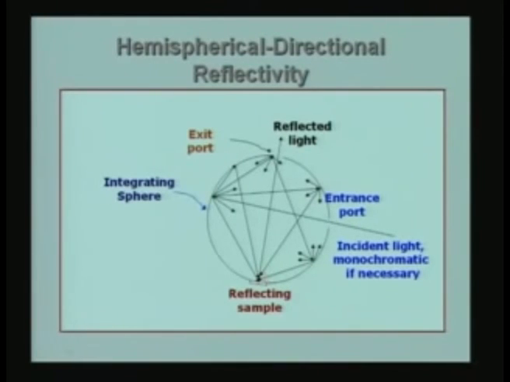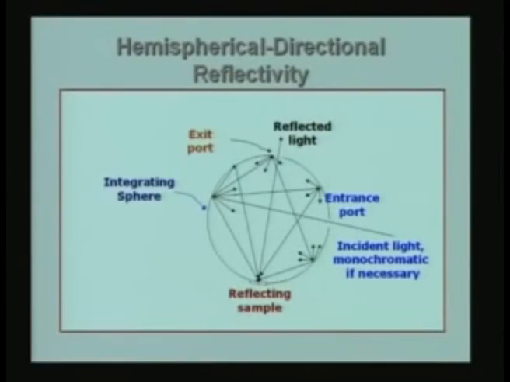If you look at any part of the sphere, the radiation which entered at one particular spot gets completely redistributed throughout the sphere, and there will be uniform, near uniform illumination inside.